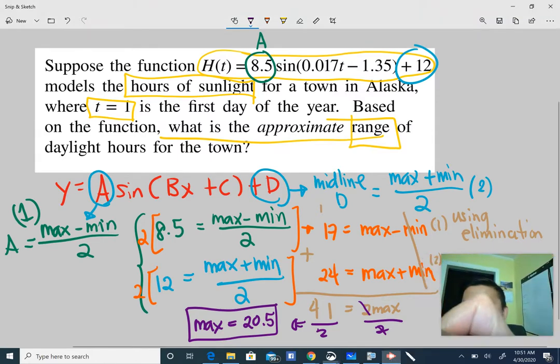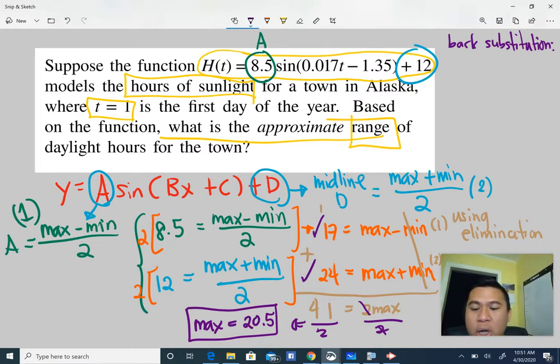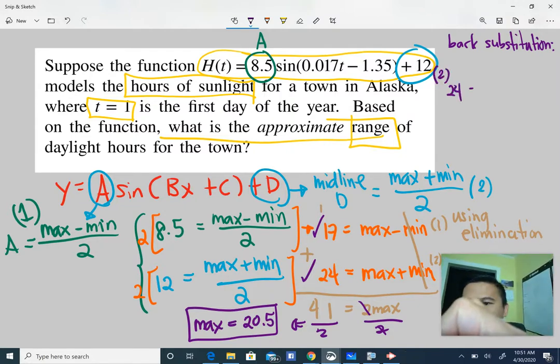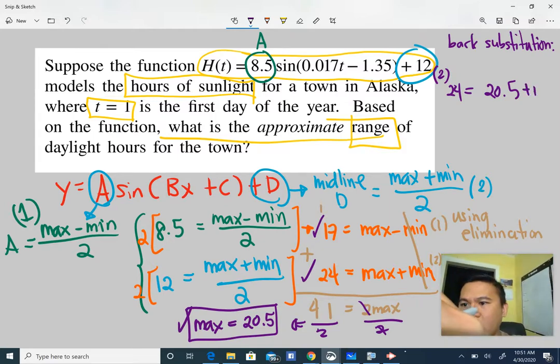Now using what we call back substitution, we can back substitute the value of maximum of 20.5 into either equation 1 or equation 2. I would use equation 2 because I think it's easier. From equation 2, 24 is equal to maximum, which is 20.5, what I'm given already from my elimination method, plus the minimum value.